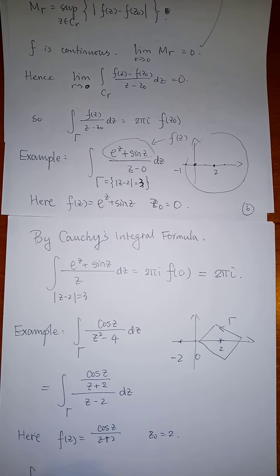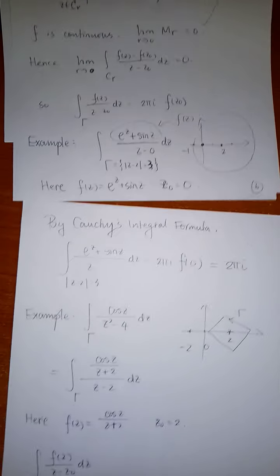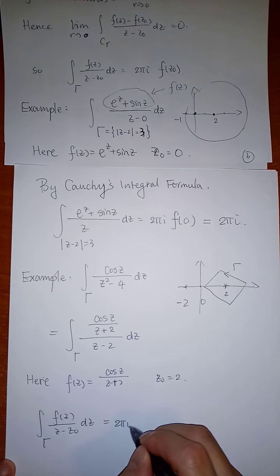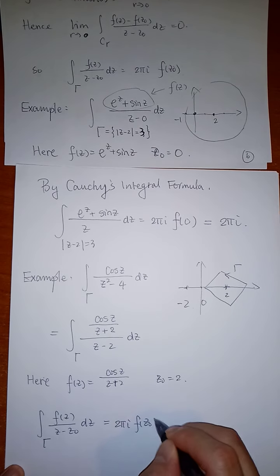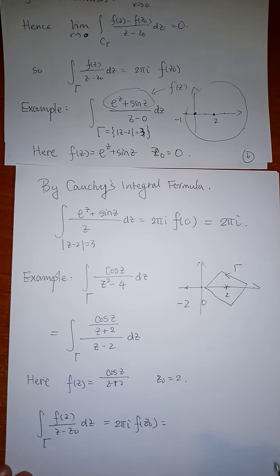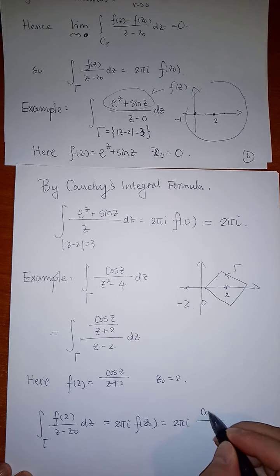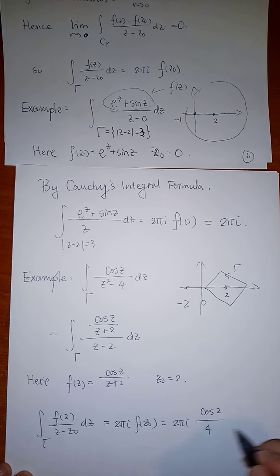So the integral of f(z) over z minus z0 along gamma dz is equal to 2 pi i f of z0. So it's 2 pi i times cosine 2 over 4.